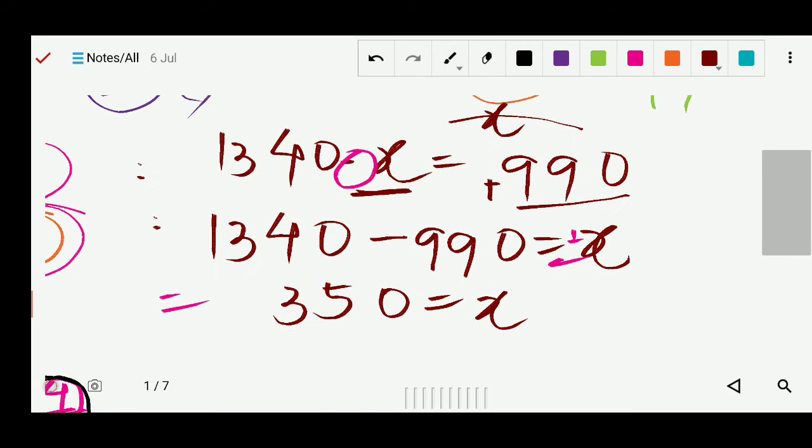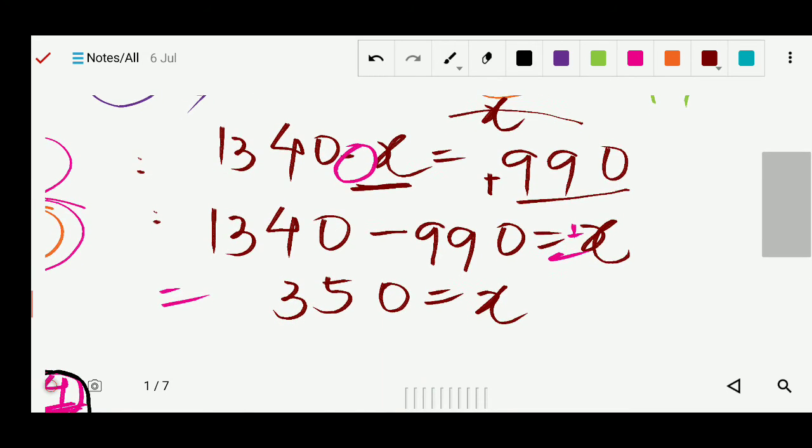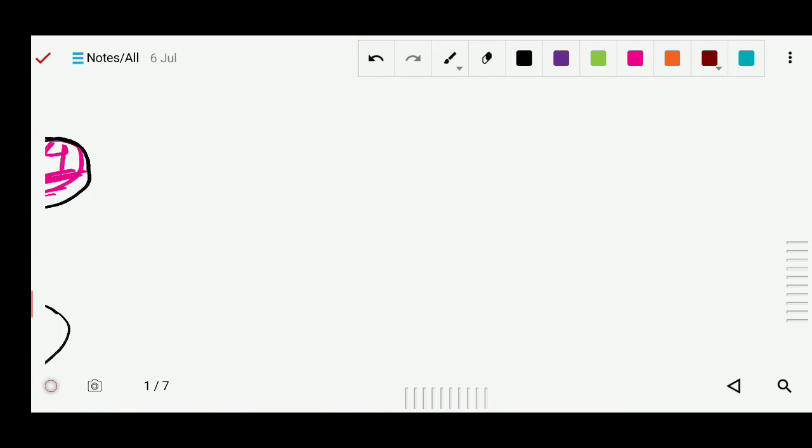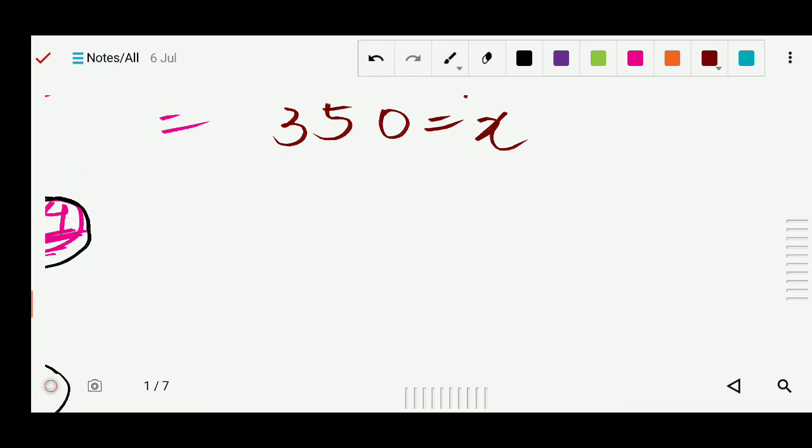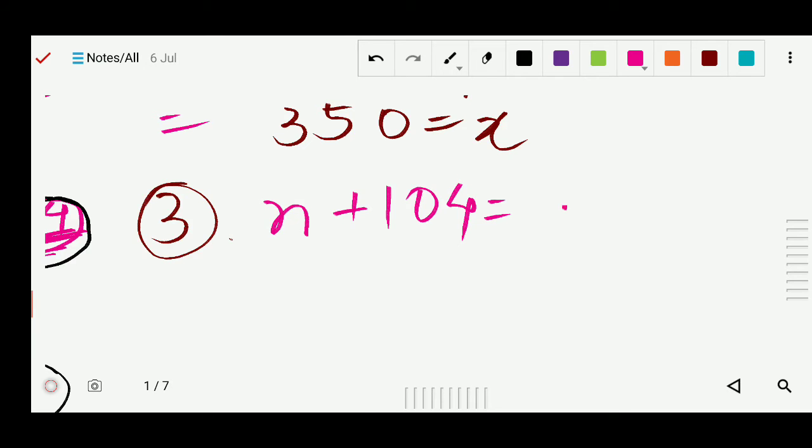Okay, next is question number 2. The question is n plus 104 equals 823. How will you solve this?